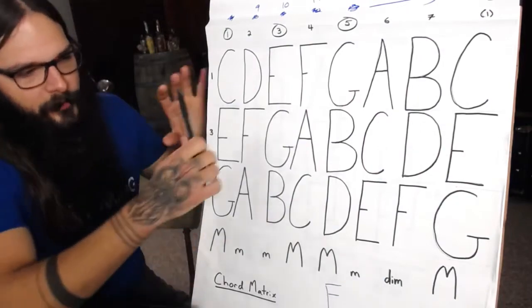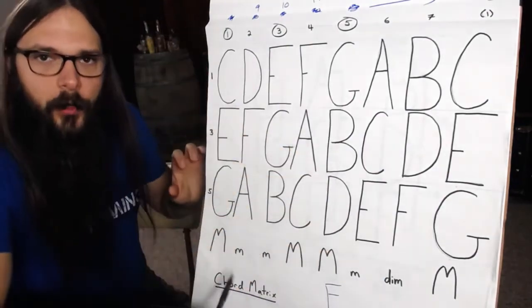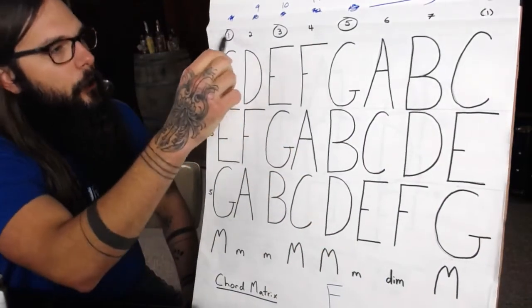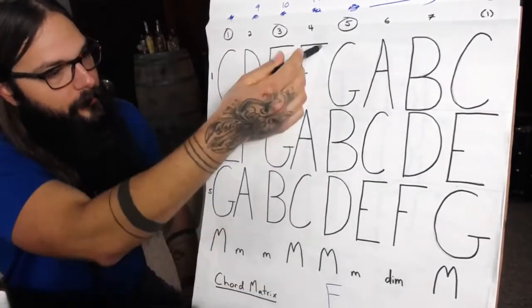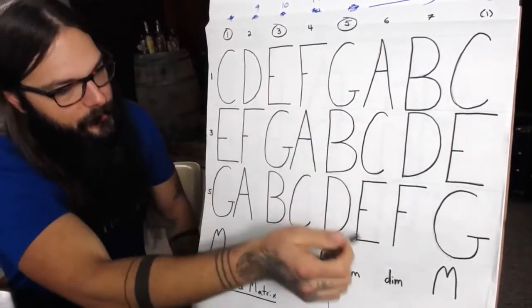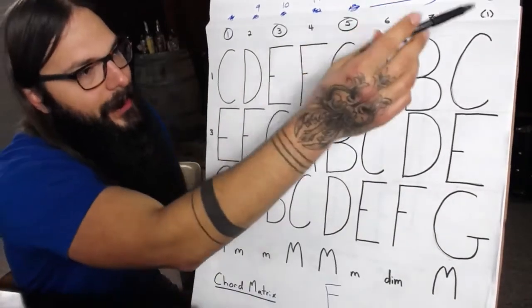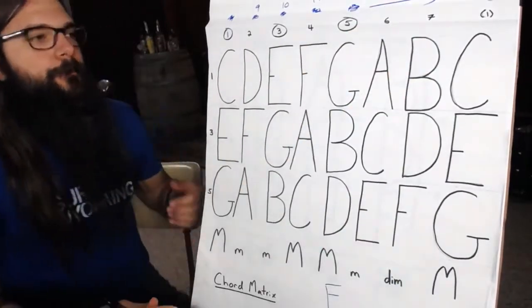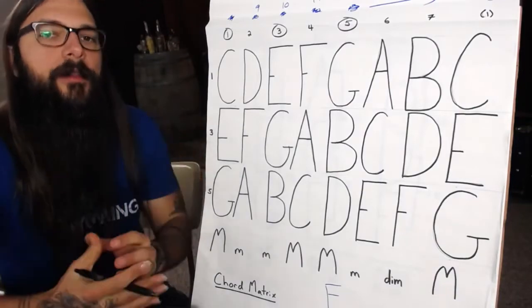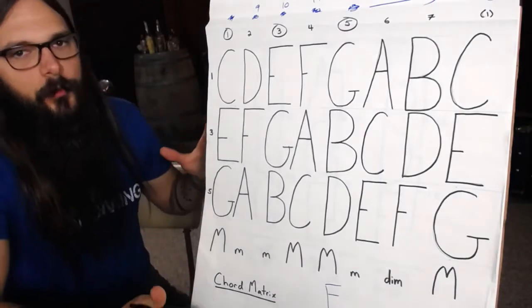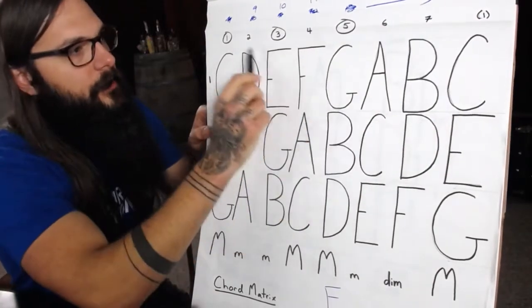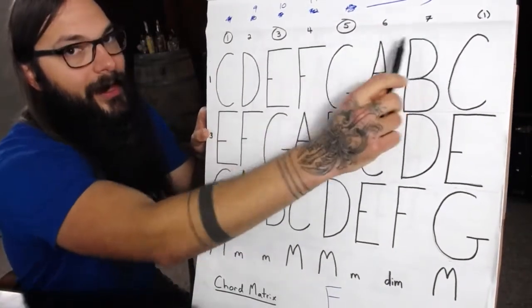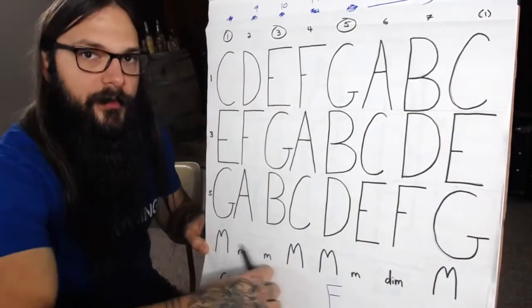And we know that by virtue of the chord matrix and the resulting tonalities, the first chord will always result in a major, the second a minor, the third a minor, the fourth a major, fifth major, sixth minor, seventh diminished, and of course it repeats again. The beautiful thing about this is that the universal rule is that whatever major scale is here, the degrees are the same, hence the resulting chord tonalities are the same.